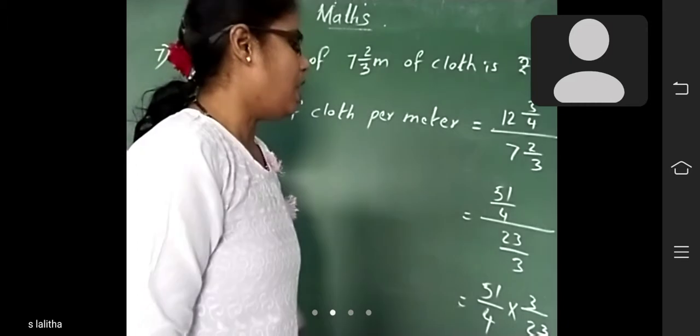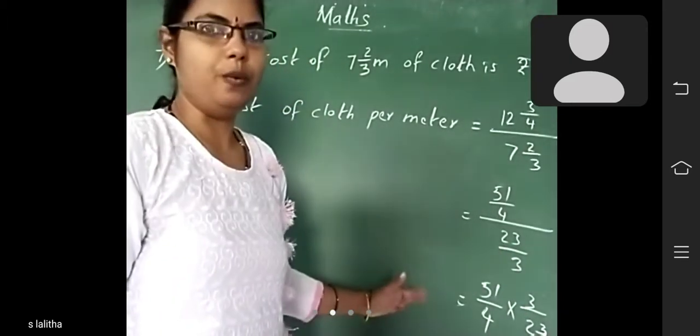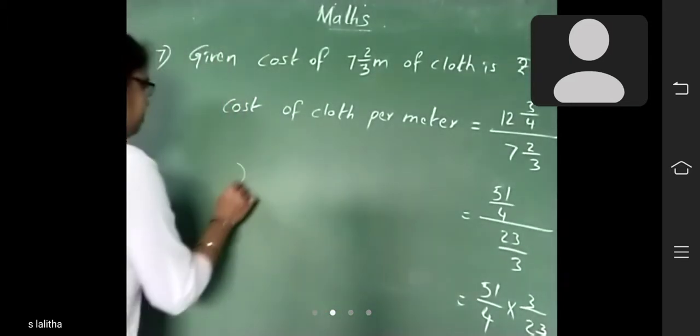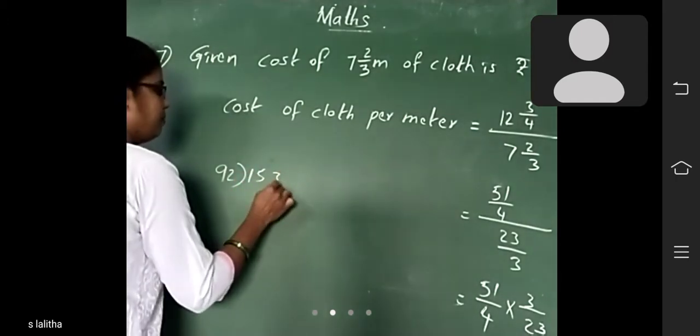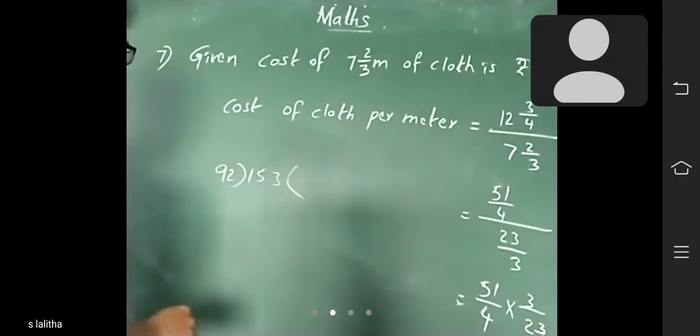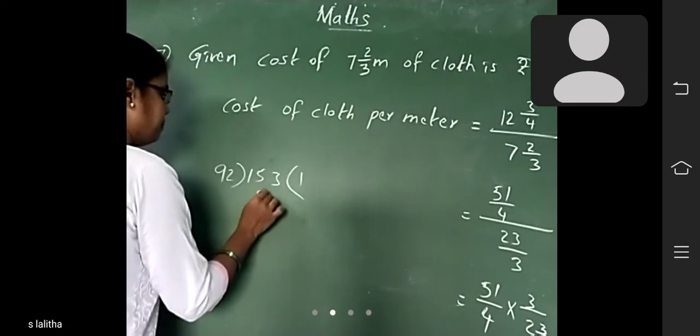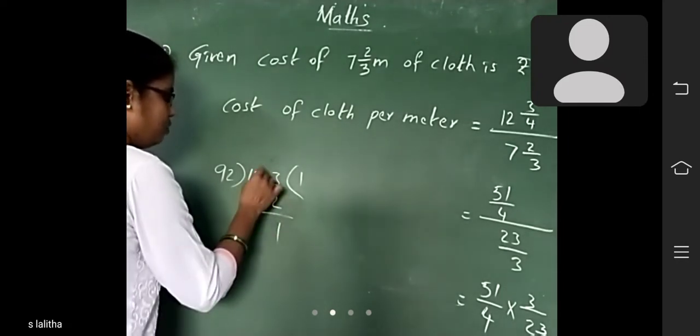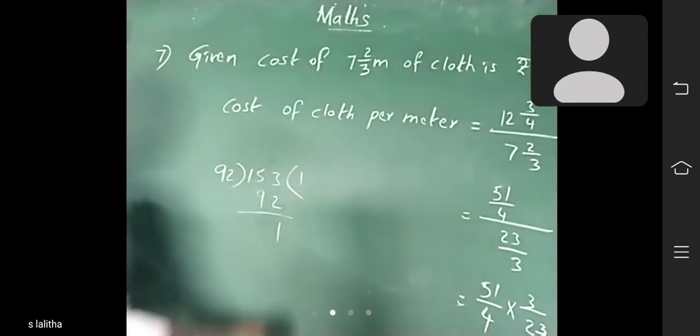Now multiply: 3 1 3, 3 5 15, by 4 3 is 12, 4 2 is 8 plus 1, 9, so 153/92. Now you have to convert into mixed fraction. How many times? One time. 3 minus 2 is 1, 15 minus 9 is 6.